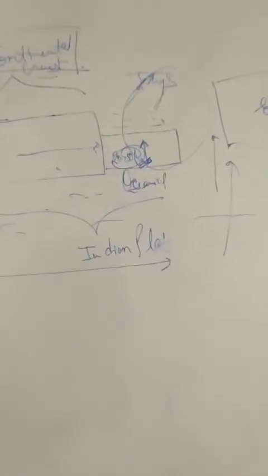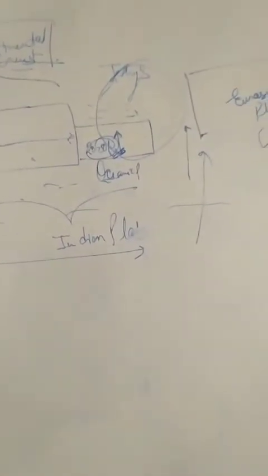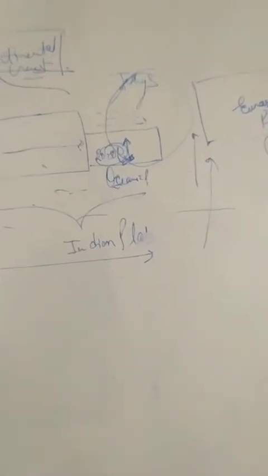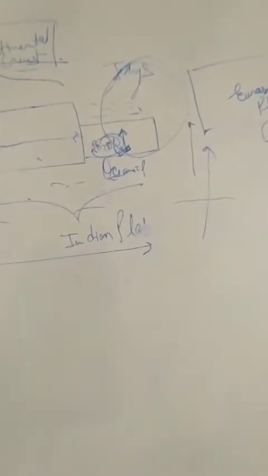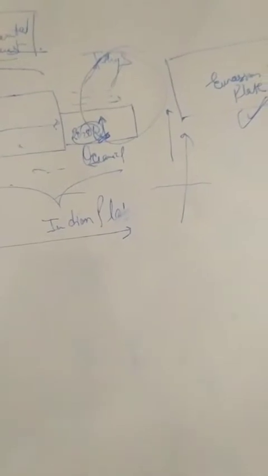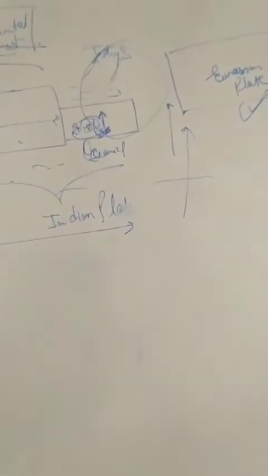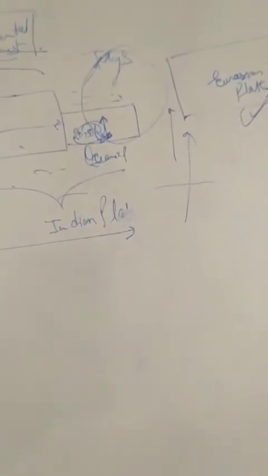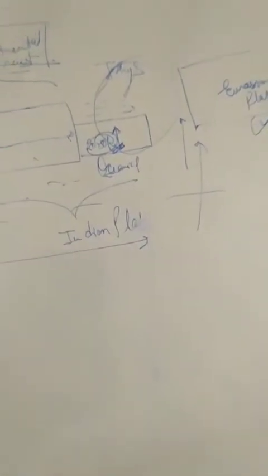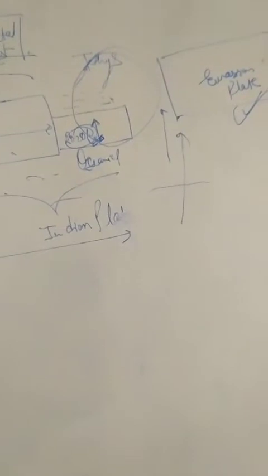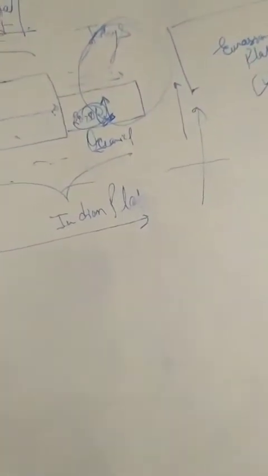After the collision of the Indian plate and the Eurasian plate, millions of years later, the Indian plate and Eurasian plate collided with each other again, and as a result, the Middle Himalayas were formed along the Main Boundary Fault. Cracks were formed in the earth, which is called the Main Boundary Fault.